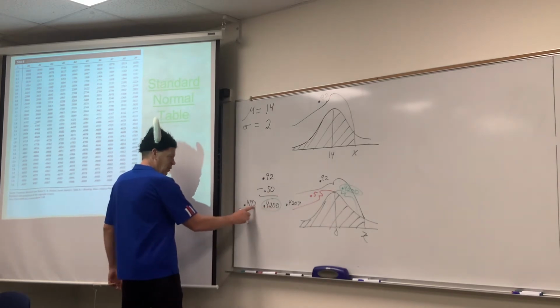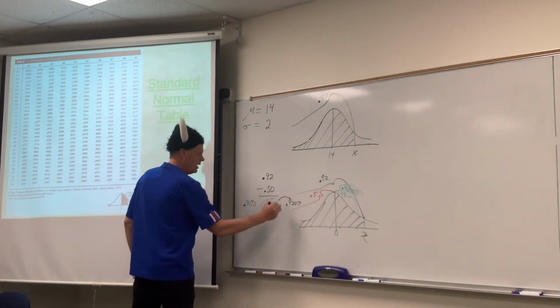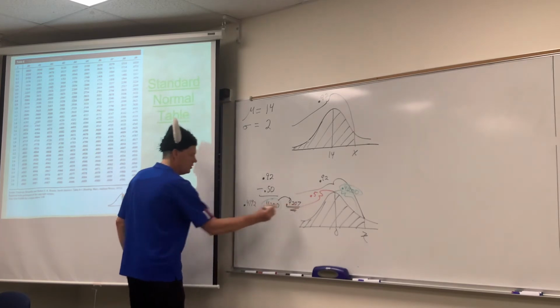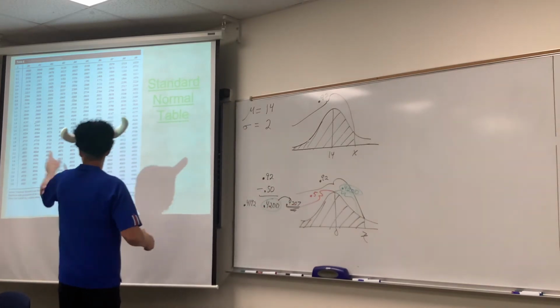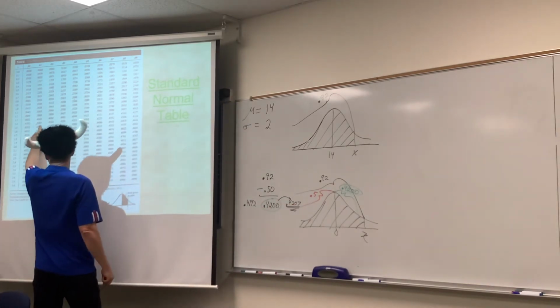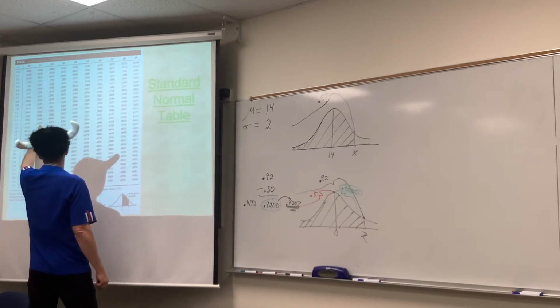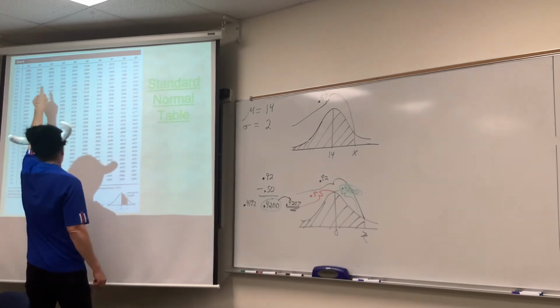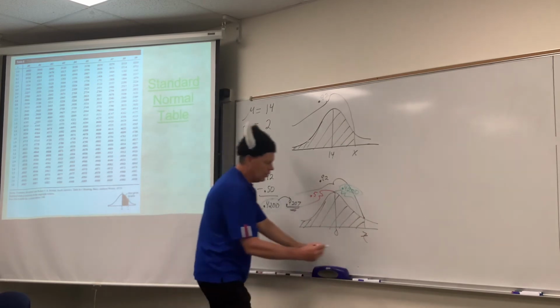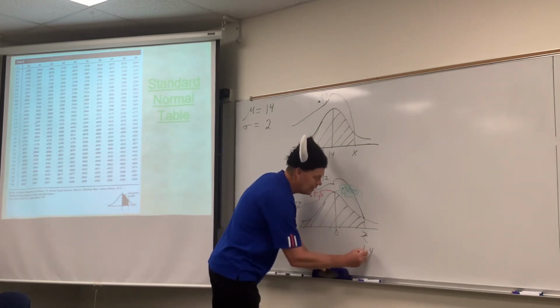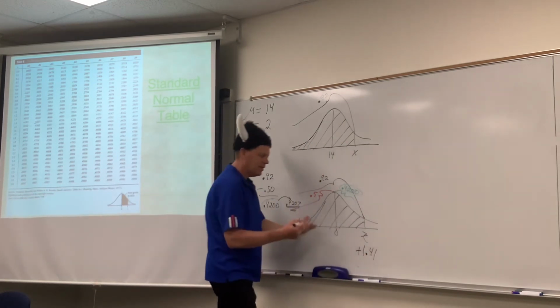This is 8 away, this is only 7 away, so 4207, this entry in here, lines up with 1.41, so that would be the z-score. And look at the picture, it's above the mean, so it's positive.